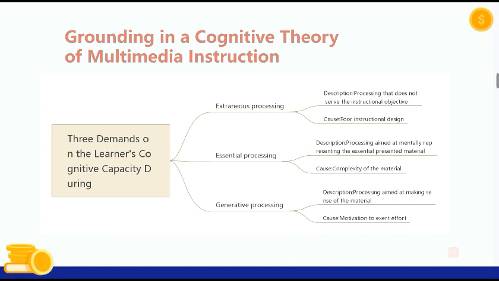It aims at mentally representing the essential presented materials. It is caused by the complexity of the material. The third is generative processing. It's aimed at making sense of the materials. It is caused by motivation to exert effort.